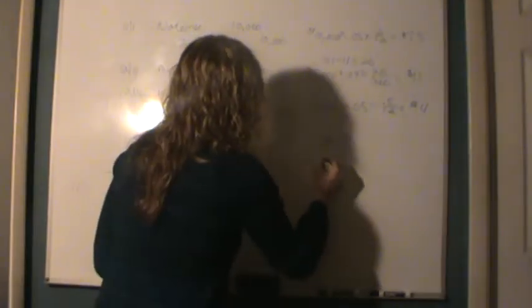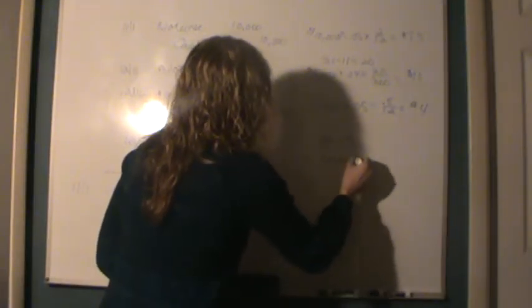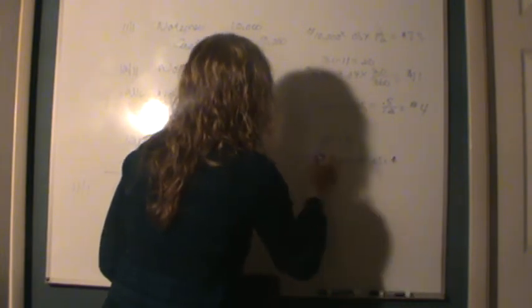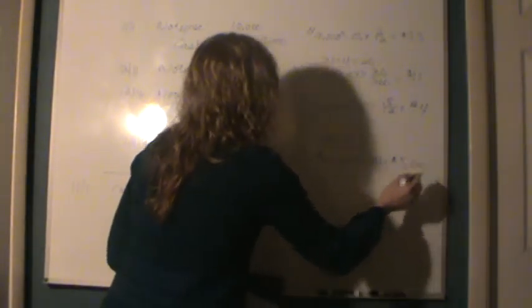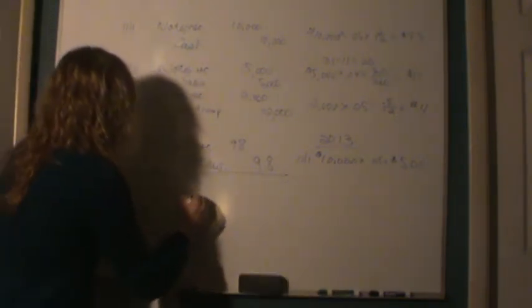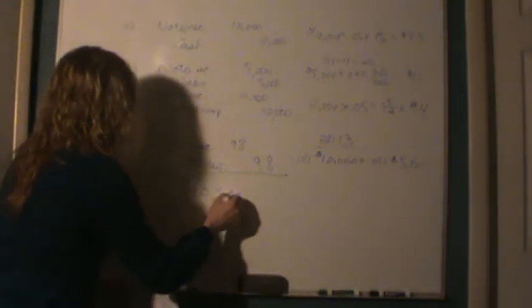It's going to be 5% over a year. So 10,000 times 5% is going to give us $500. So we're going to collect cash for the 10,000 note plus 500 interest. So our cash is going to be 10,500.